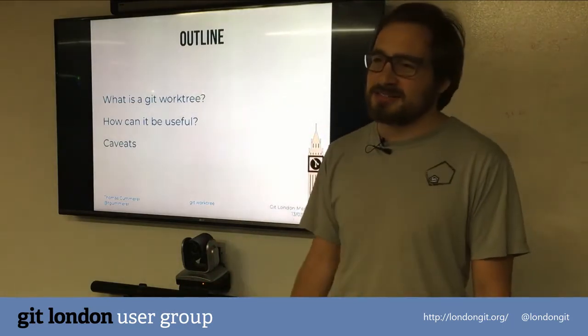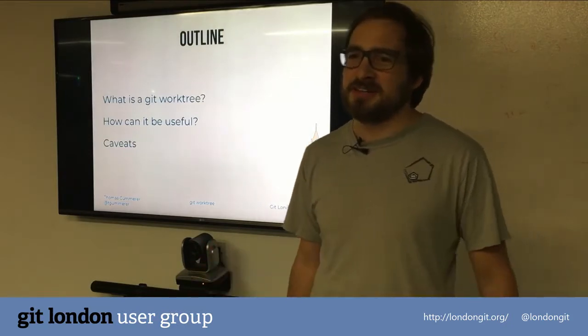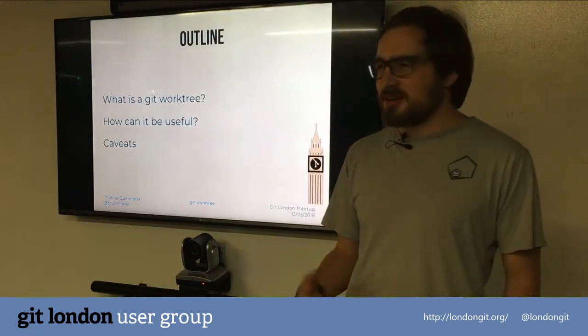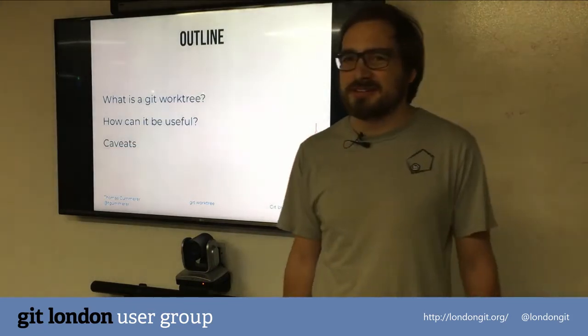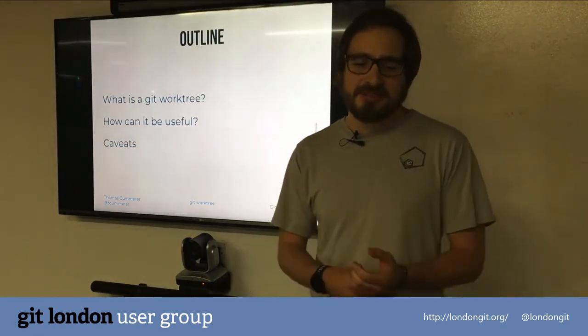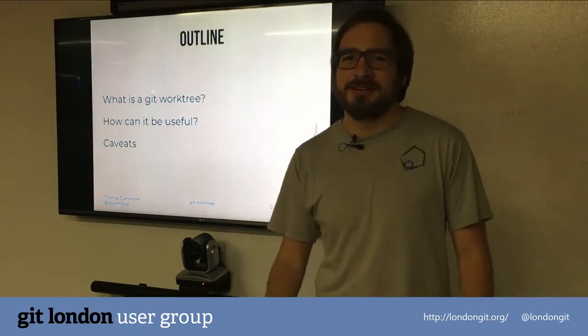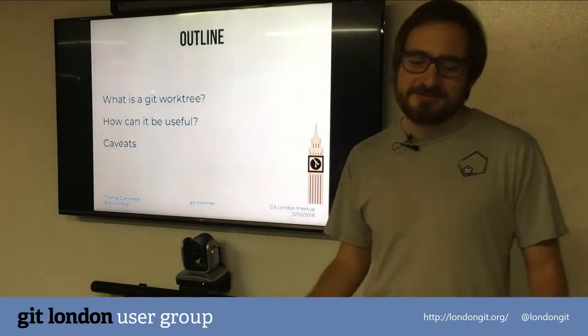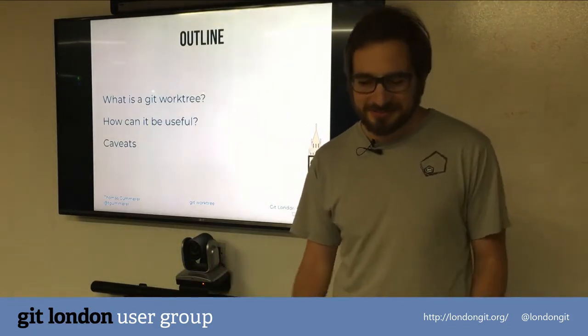If somebody else has any other applications of them, awesome, I would love to hear that. And in the end, I'm gonna finish with some caveats. There are some little problems with it that are not quite solved yet, but I don't find them a deal breaker for my workflow, so hopefully you won't either.